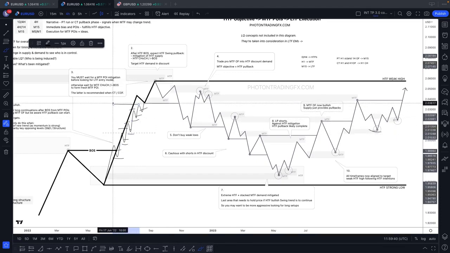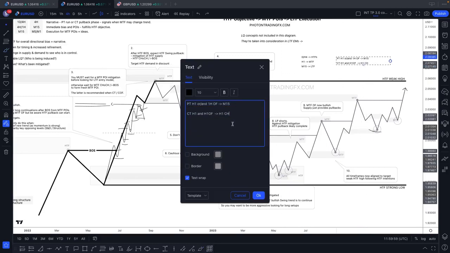So I won't be looking to justify some valid supply here and enter on M15 straight away, trying to call the reversal. I want to wait for an H1 change of character minimum. This can actually be not just an H1 CHoCH, it can be an H1 internal BOS if you are not sure.